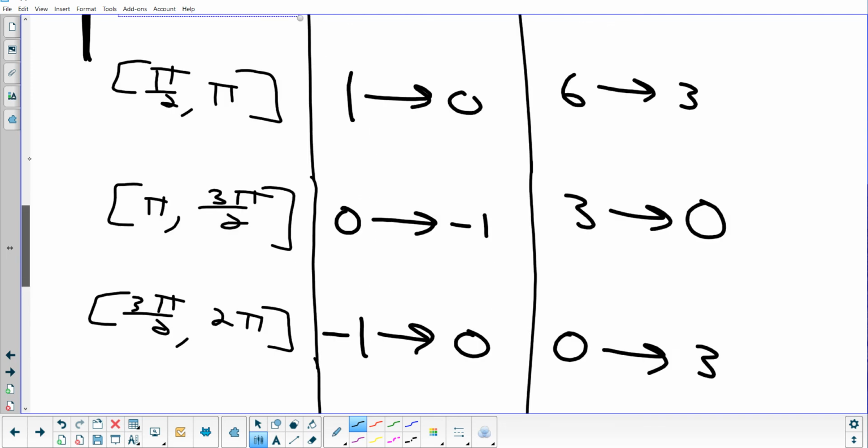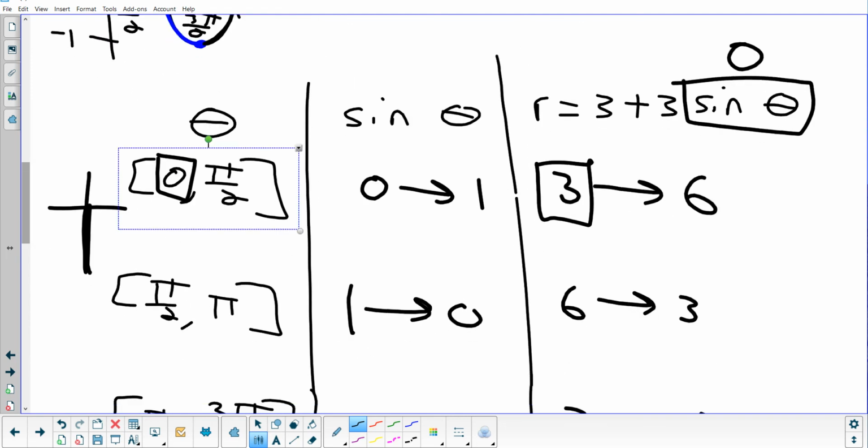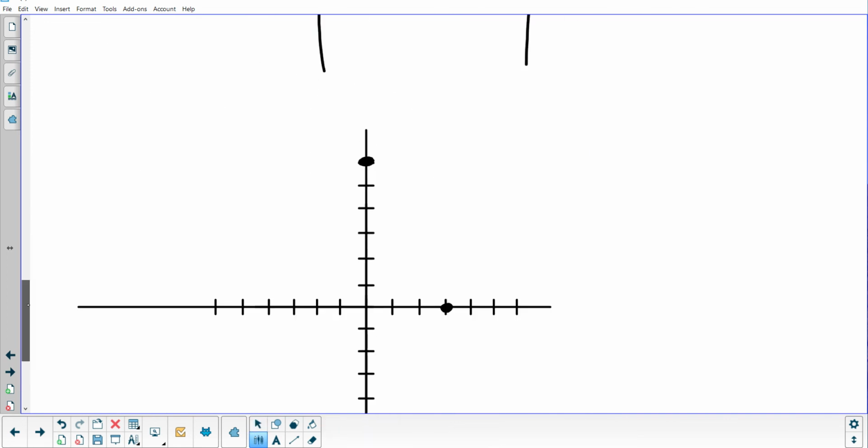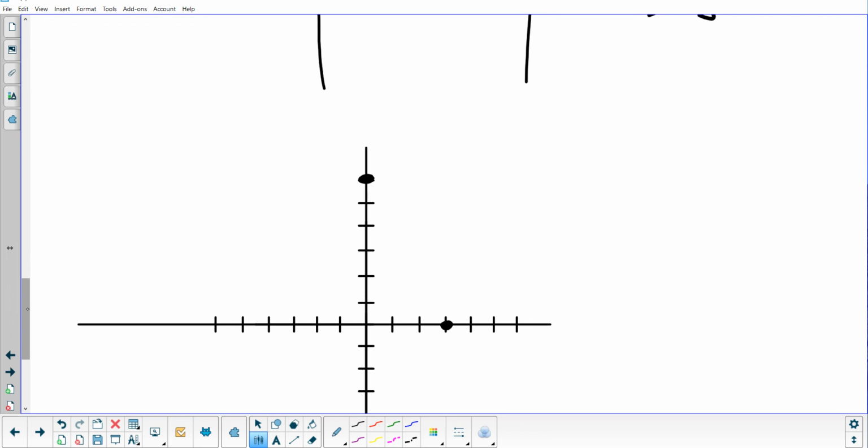So what's happening is as you travel through the first quadrant, the radius is growing from 3 to 6. So if you want to think about that as having radial lines, I'm going to erase these lines after, but it's going to be here, and then it's going to grow.